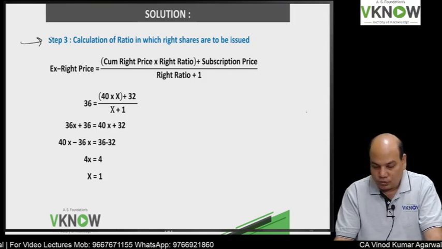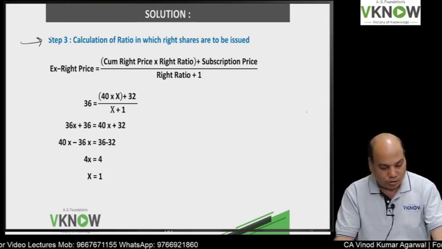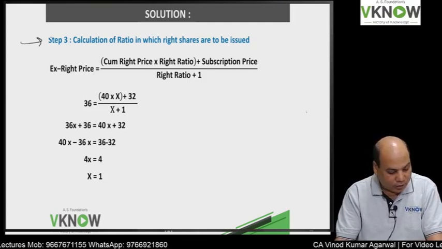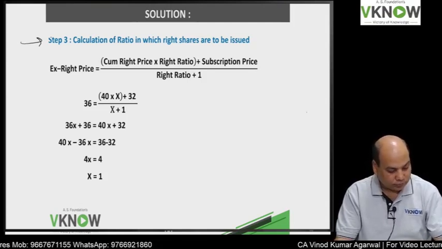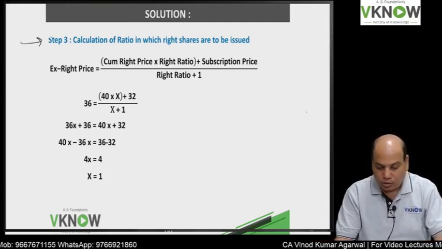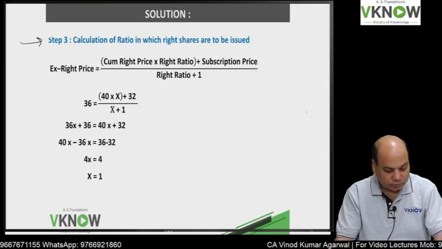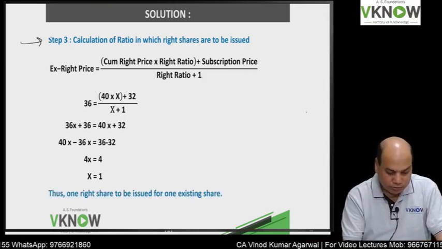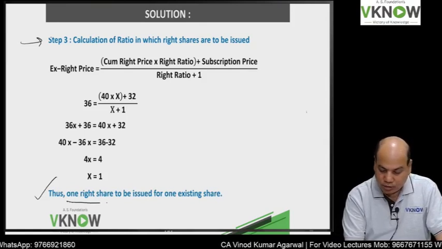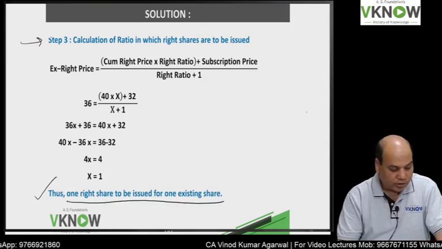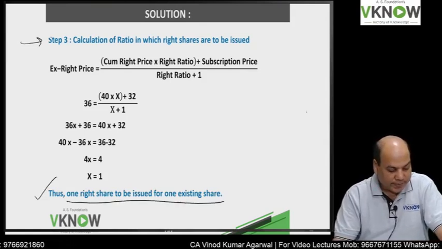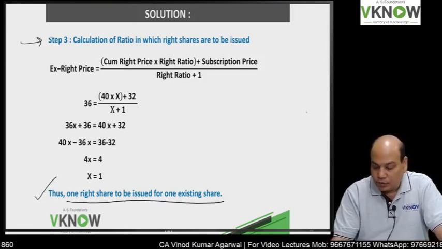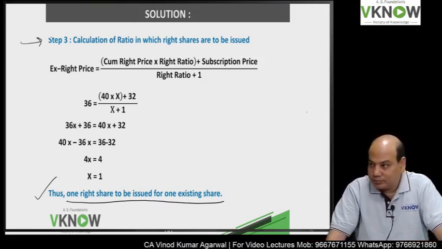Okay, 1:1. So if you get this right, you will get 2 marks. Then the next question is the theoretical value of the right. First write a note: one rights share to be issued for one existing share.